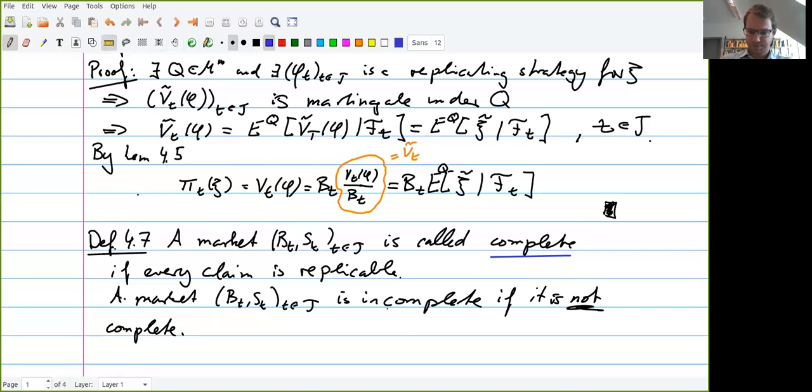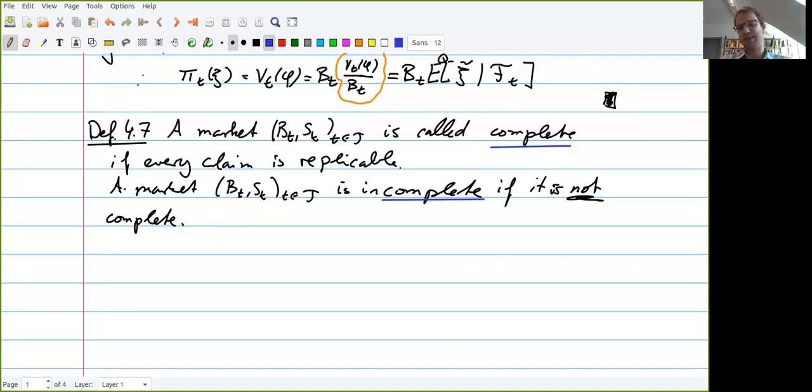Of course, there are many examples of incomplete markets. And as I said, if you look at reality, the uncertainty about the future is so big that it's rather unrealistic that you can replicate any payoff.